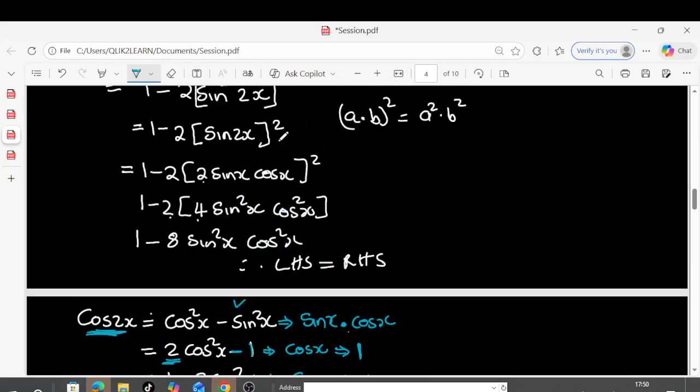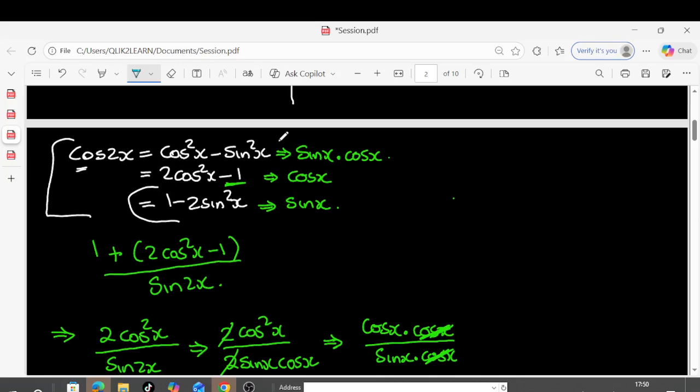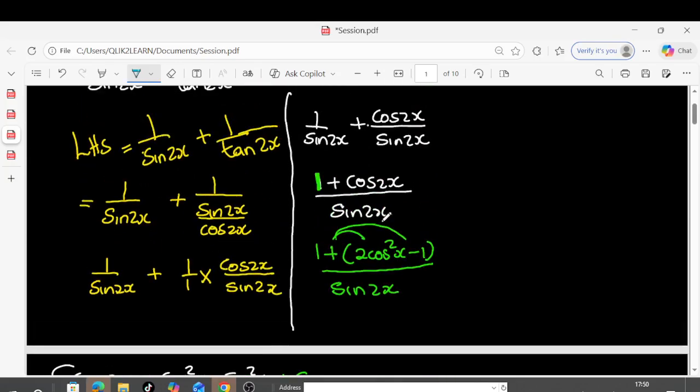Let's go back. Look at what happened on this problem. On top we had 1 plus cos 2x. So you ask yourself, what do you have before or after the cos 2x? We have 1.